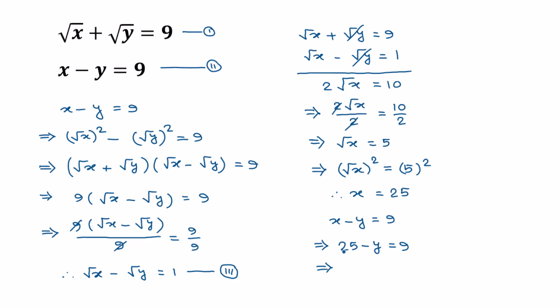Taking this 25 to the right side, we will get negative y is equal to 9 minus 25, which is negative 16. Now multiplying both sides by negative 1, we will get the value of y is equal to 16.